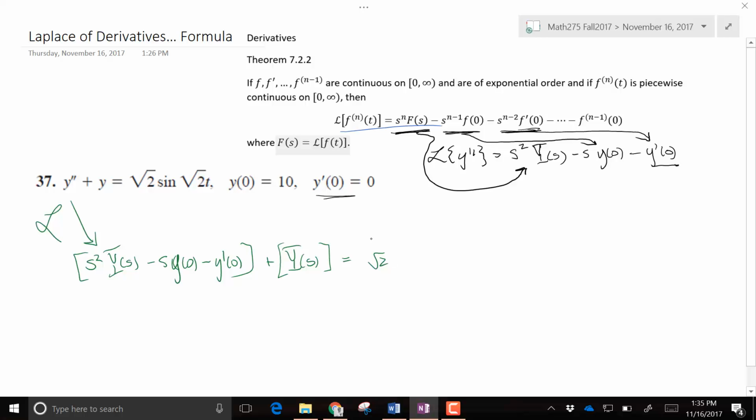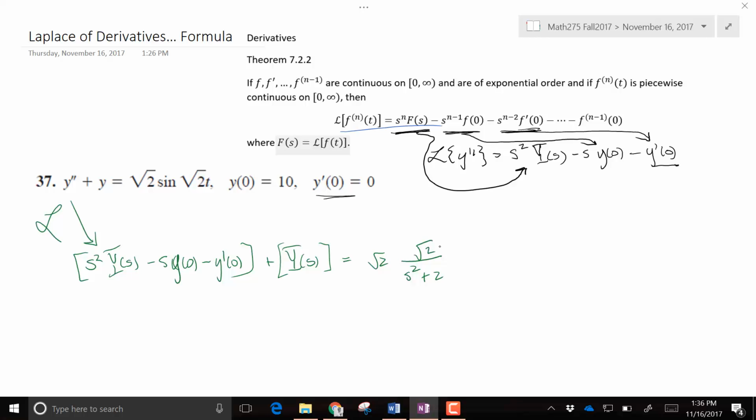And then now we need the Laplace transform of sine. Remember the sine is the one with a constant up on top? Sine and cosine, yeah, cosine has the s on top. And they both have an s squared plus k squared in the denominator. That's your irreducible quadratic that we're going to be dealing with.